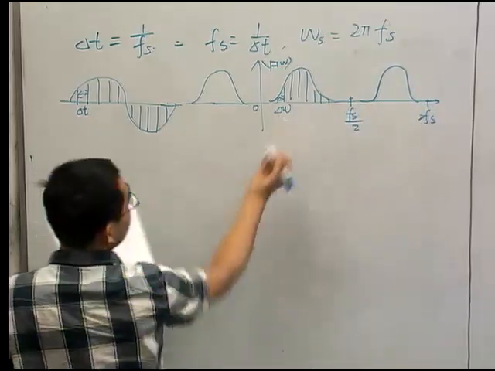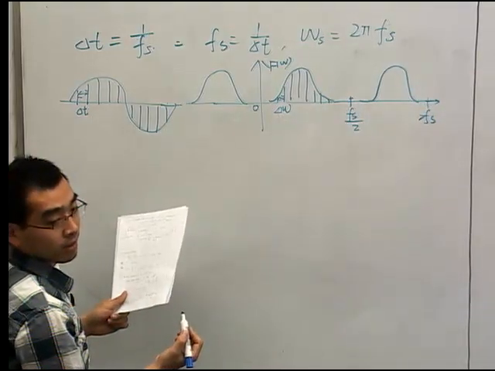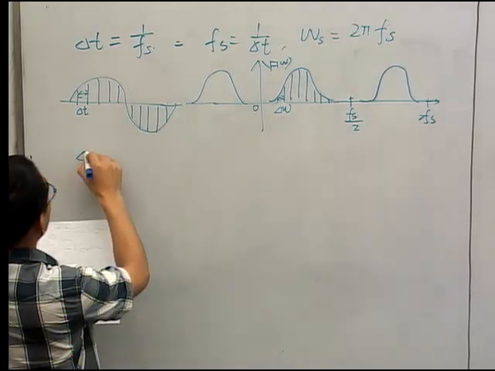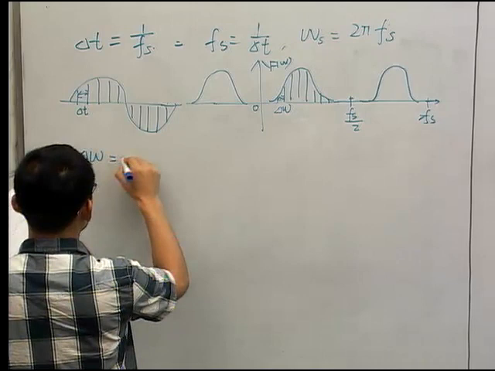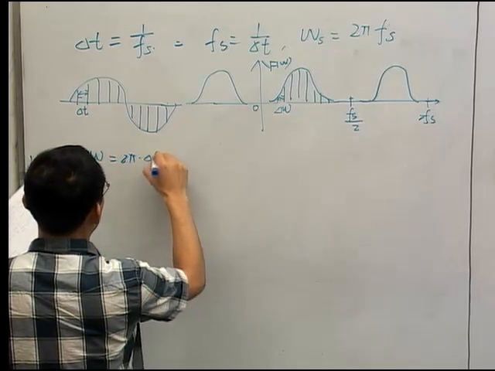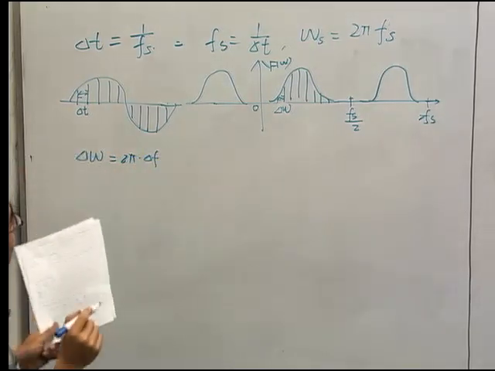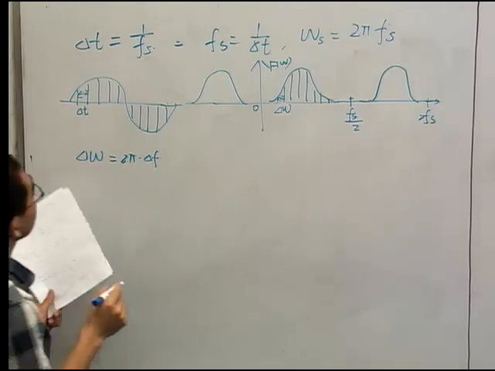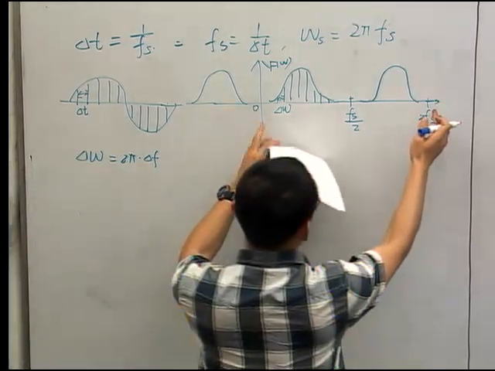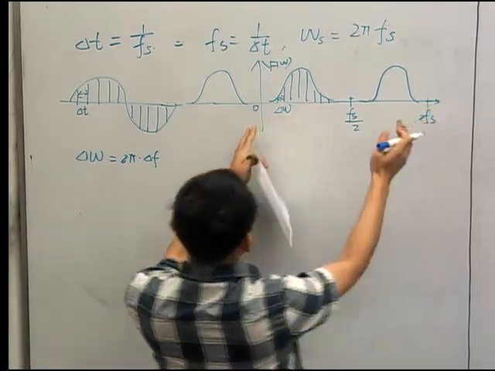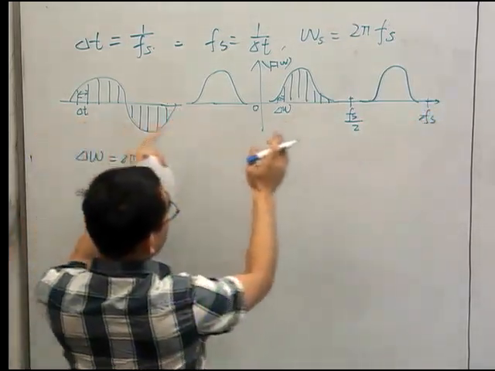So how do you calculate the delta omega? Delta omega equals 2 pi delta f. This is like the total bandwidth of this Fourier transform.